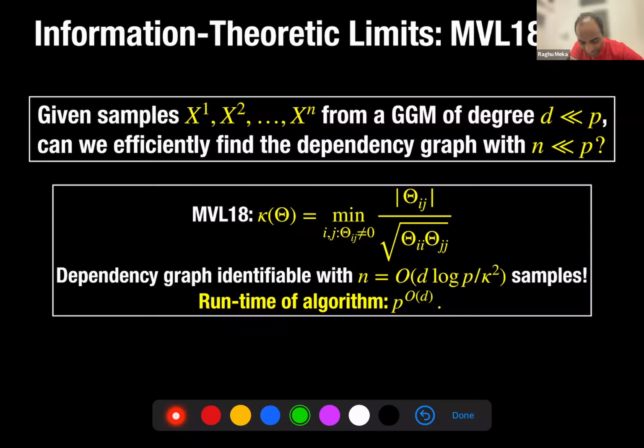As good as this result is, there is one very critical downside to it. It only gives you some kind of an efficient algorithm, in the following sense: there is an algorithm to recover the underlying graph, but the runtime of the algorithm is terrible in terms of the degree.